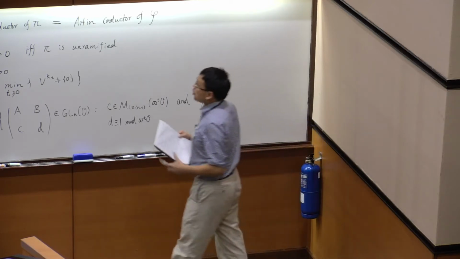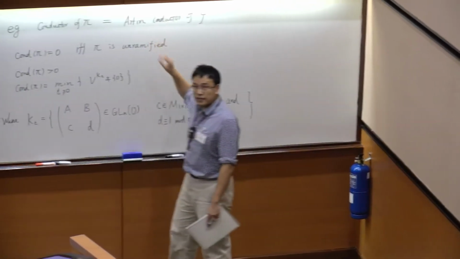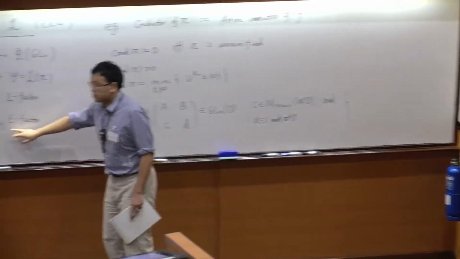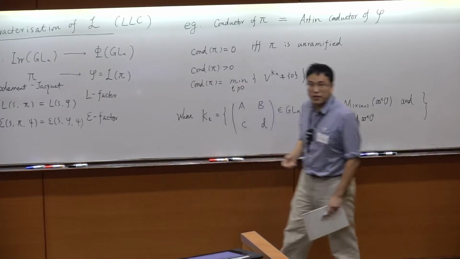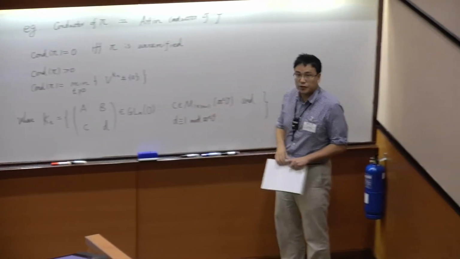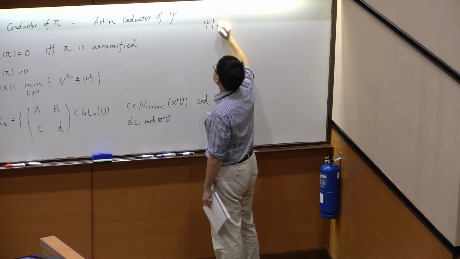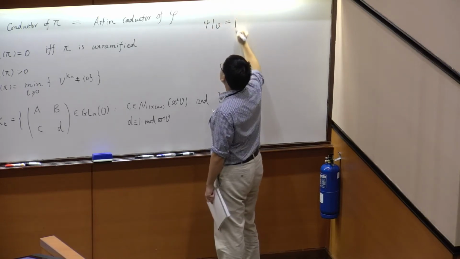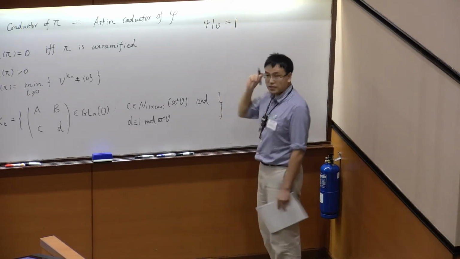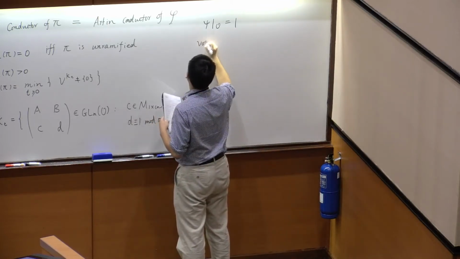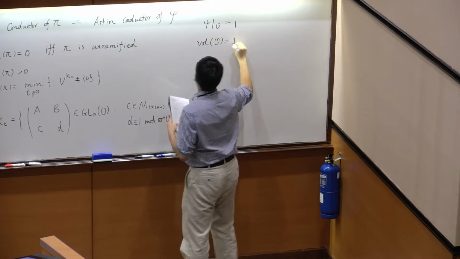And also we notice the epsilon factor depends on the psi and also the Haar measure we used. So in order to nail down this equation, I need to assume psi has conductor O, and of course psi is nontrivial. And also we fix the Haar measure to have volume 1.